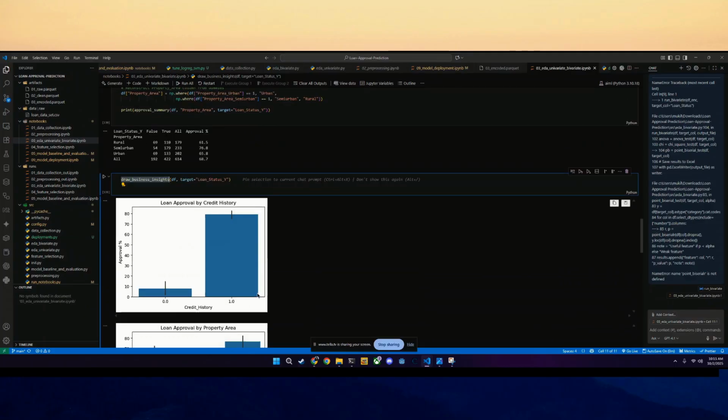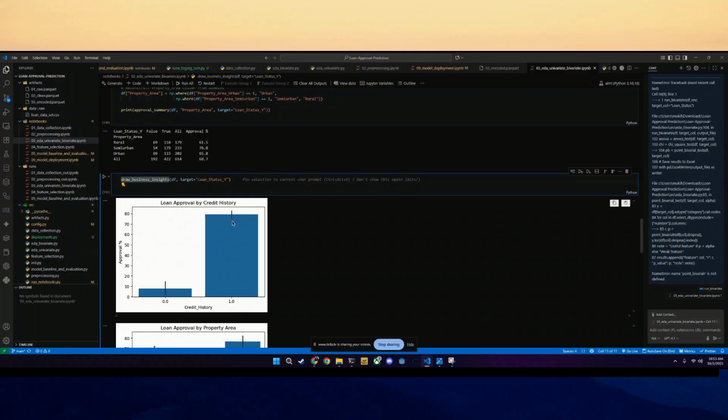Here you can see on the x-axis the credit history, and on the y-axis the approval percentage. Whoever has a credit history of 0.0, their approval rate is very slim. They got approval around 8 to 10 percent. Whoever has a credit score of 1.0, their approval rate is high. You can see it's 80.0.